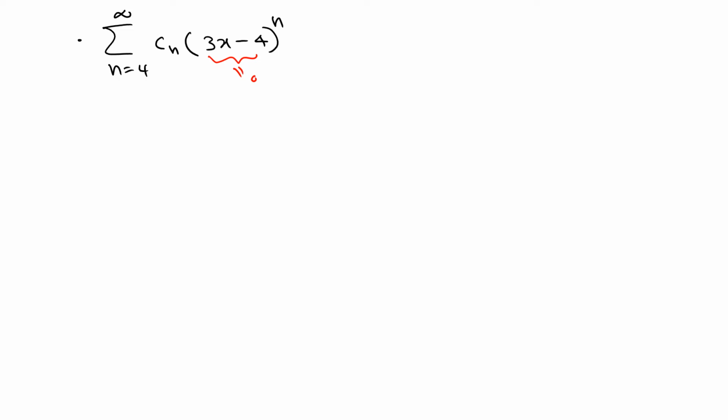So we have 3x minus 4 equals 0. You move 4 to the other side and then divide by 3. So x equals 4/3. That means the center is a equals 4/3.